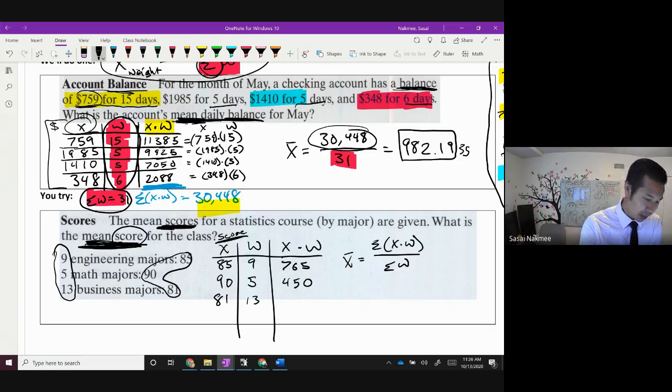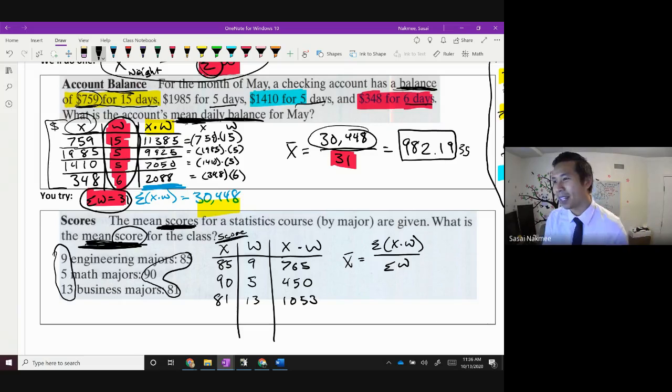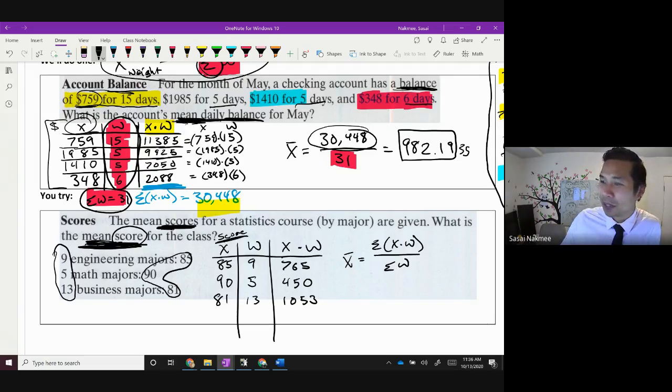And this one down here looks like this person got 1,053. Can you guys double check if those numbers are right? I did not do the calculations. I'm just looking through the charts. It looks like the majority of you got the same numbers. Looking good, looking good.